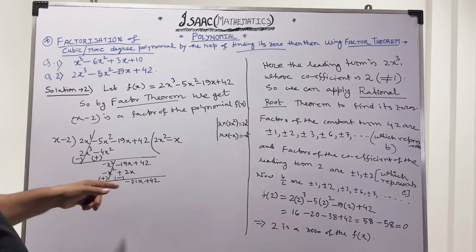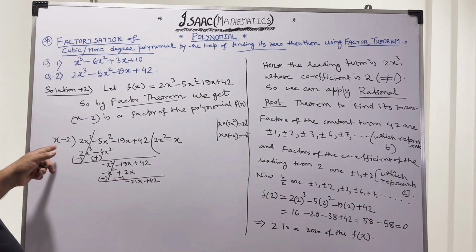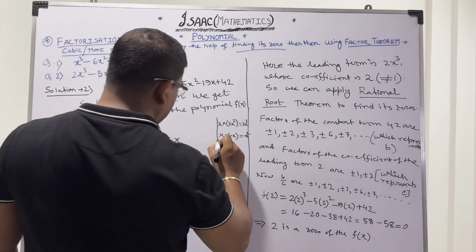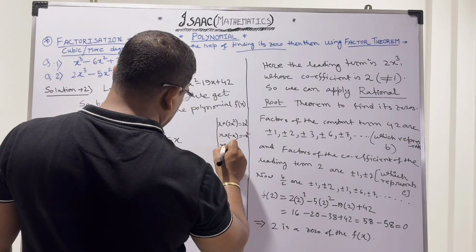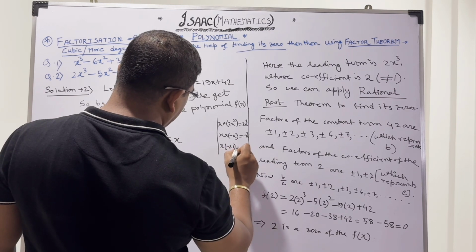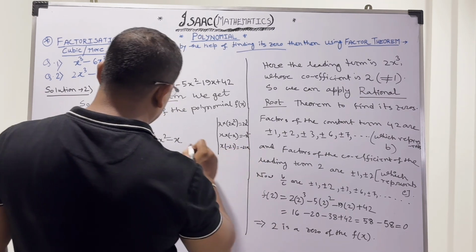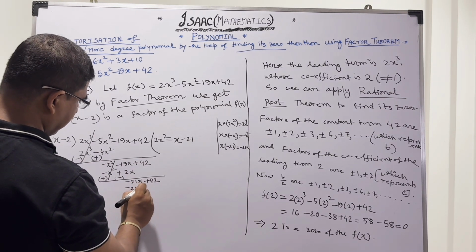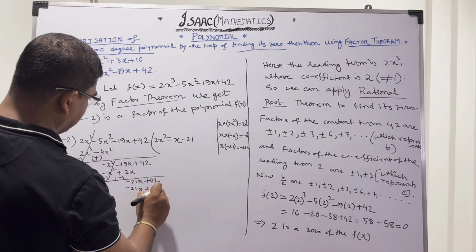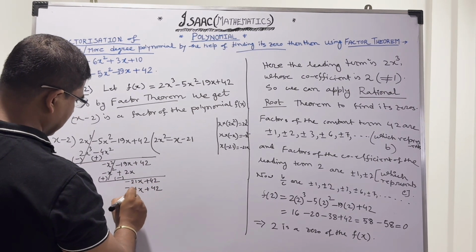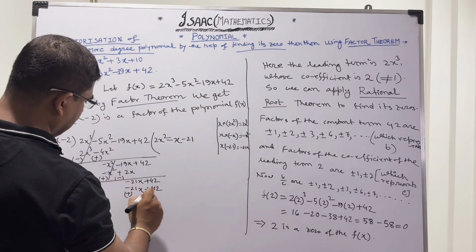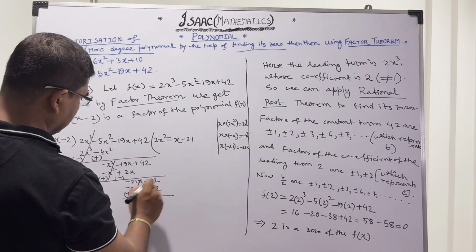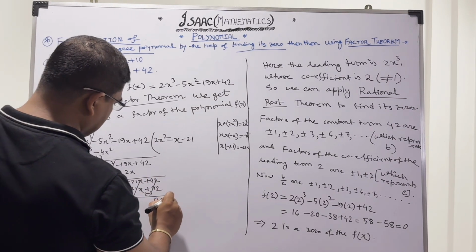Now to get minus 21x, we have to multiply this x by minus 21. x into minus 21 will give minus 21x. This is minus 21x plus 42. After subtracting, we have plus 21x minus 42. Cancelling these two, we get 0 as the remainder.